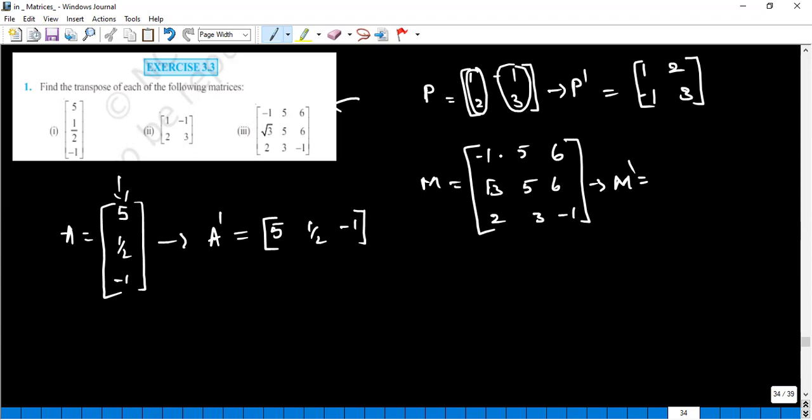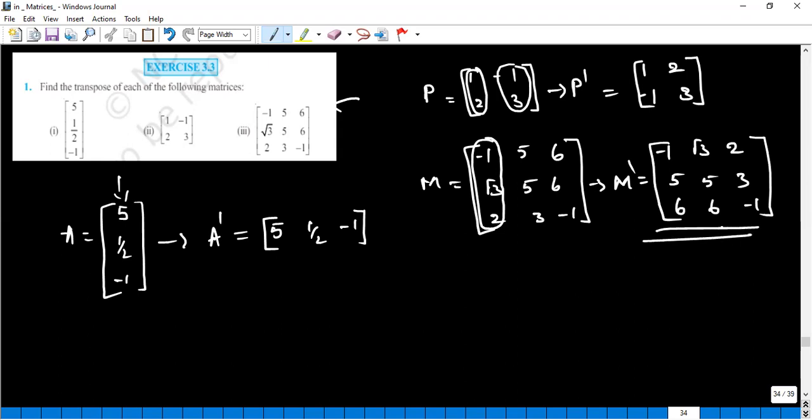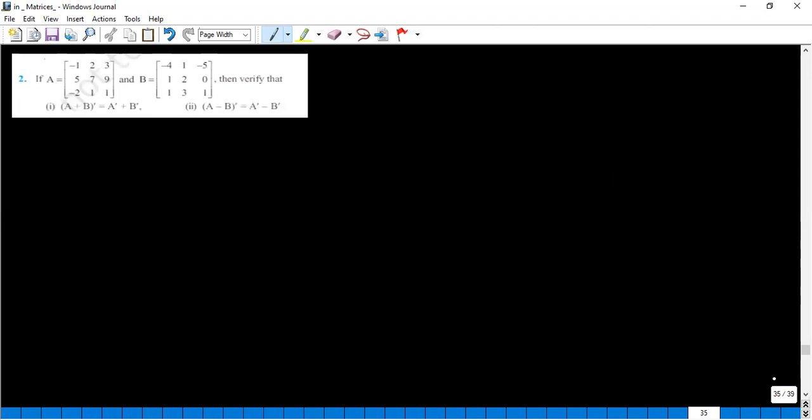We will write columns as rows. Okay. Minus 1, root 3, 2, second column as second row: 5, 5, 3, third: 6, 6, minus 1. This is the transpose of the third matrix. Okay, let us see the next question.